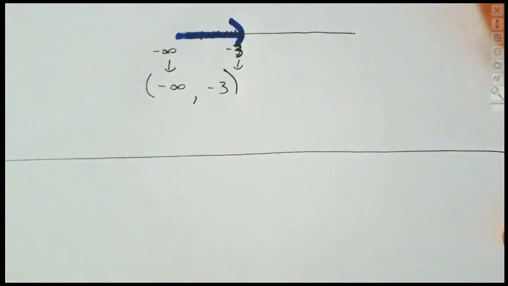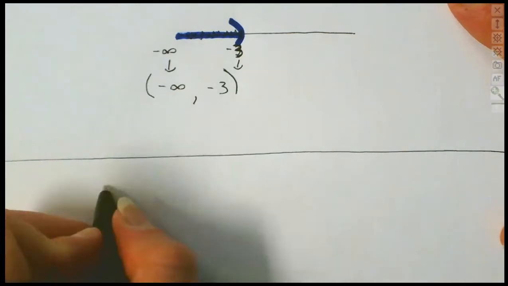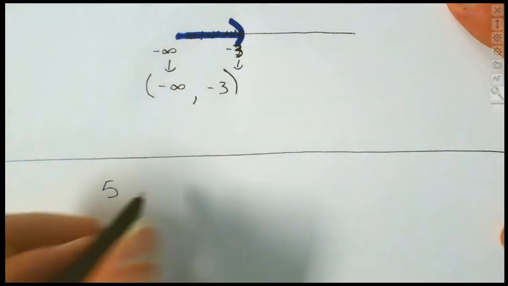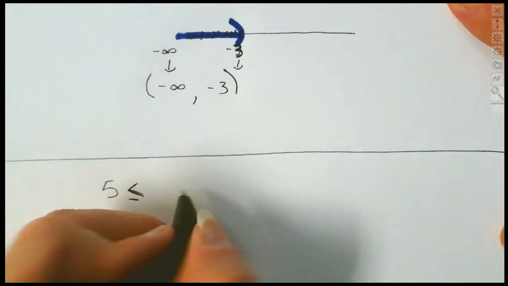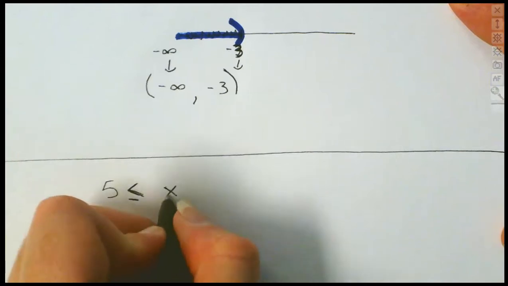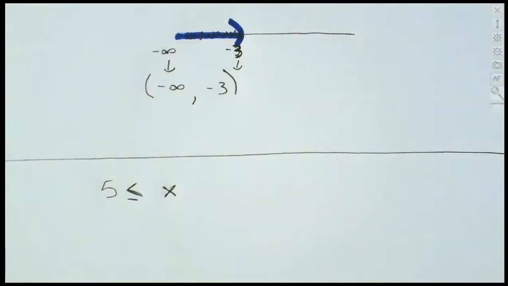Let's try another one. So this is what we've got here. Now this one's a little bit different because it's on the wrong side. You always want to make sure that our x is on the left.